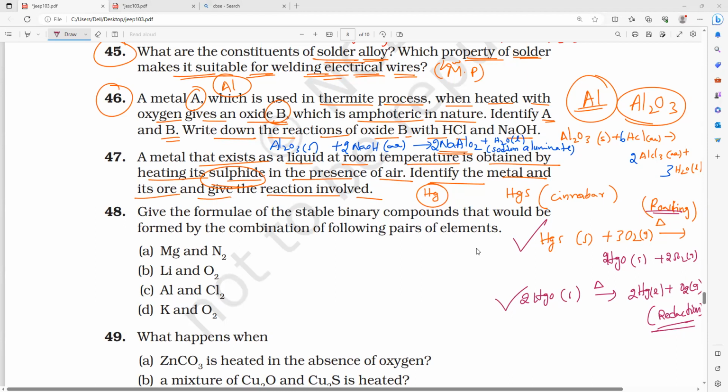So make it now. Mg and N2. Tell me, guys, what is the formula? Give the formula of the stable binary compounds that would be formed by the combination of the following pairs of elements.